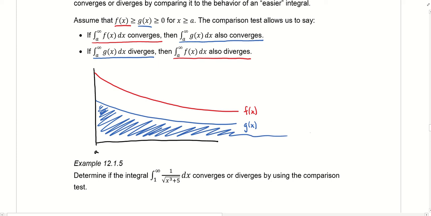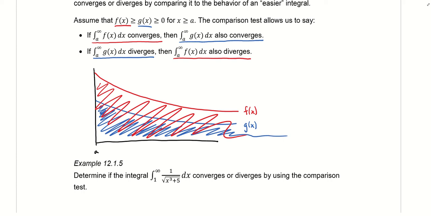Because the area in blue is always going to be smaller than the area in red, because the area in red also includes everything above g of x, then if that blue area is infinite, the red area must also be infinite, meaning that the integral of f of x must also diverge.